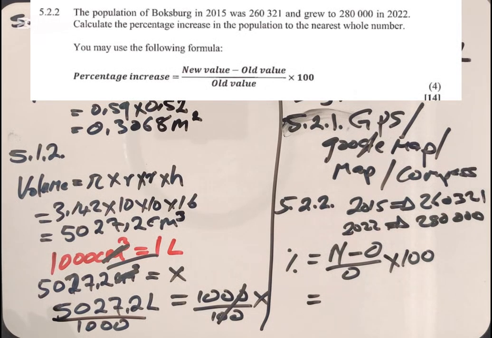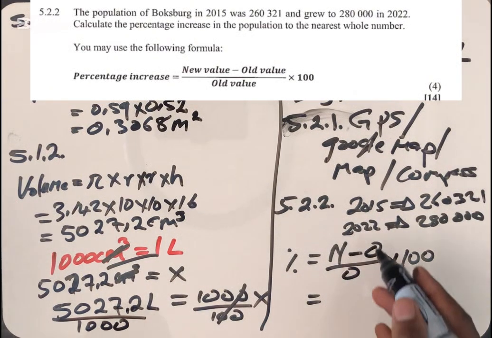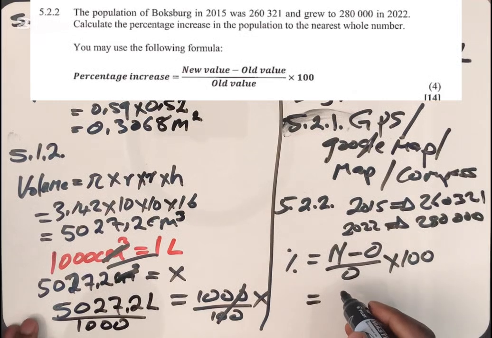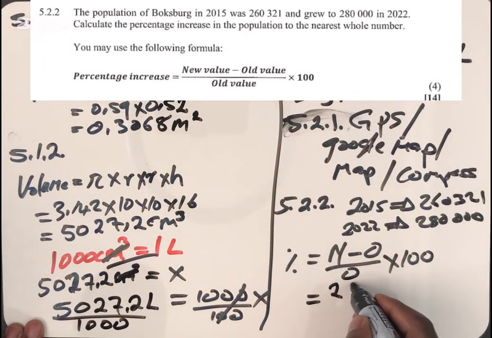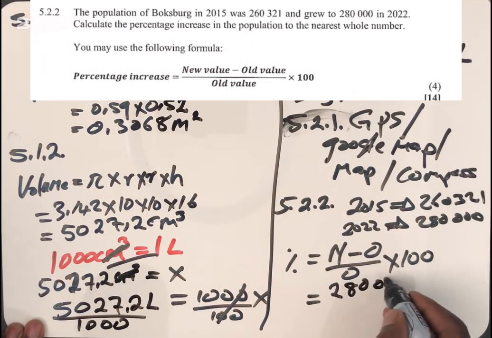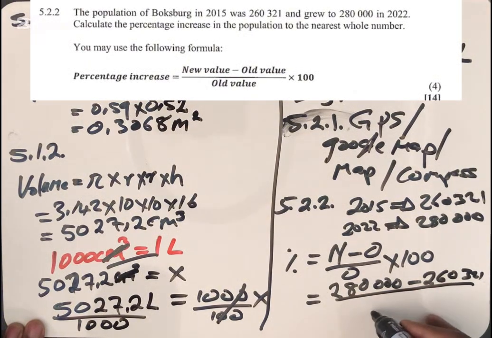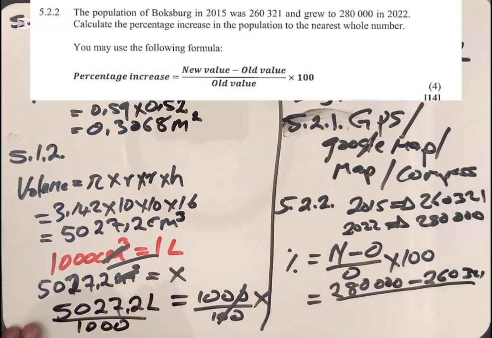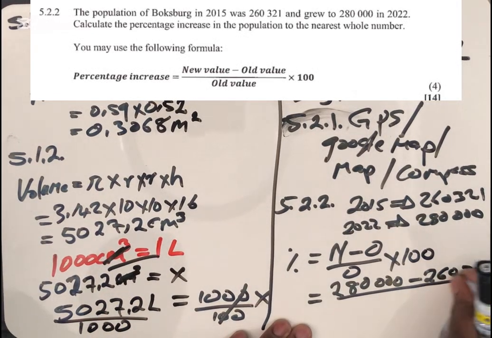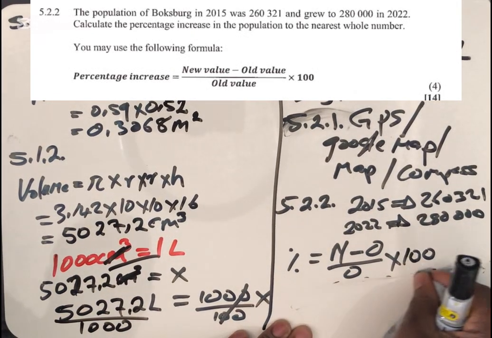The new number is 2022, obviously. It's the current year. The old number, 2015, which was 260,321. Over what? Let me erase here to get a space because we need to multiply this by what? We need to multiply this by 100.